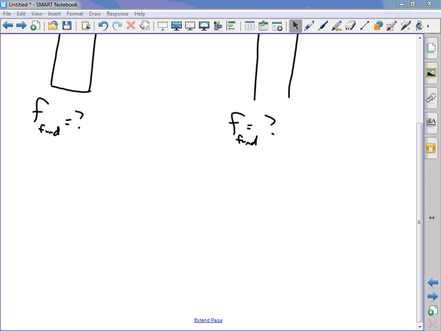The two equations we're dealing with are the standing wave equation, right? If it's open on only one end, like that first pipe, it's L equals n lambda divided by 4, or open on both ends, that'd be n lambda divided by 2. And the speed of a wave equation. I'm looking for frequency.